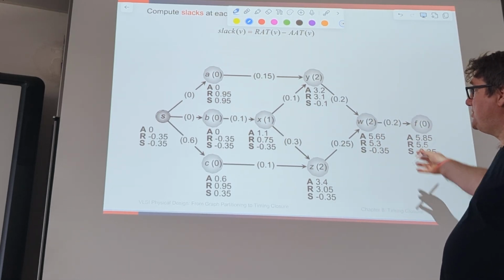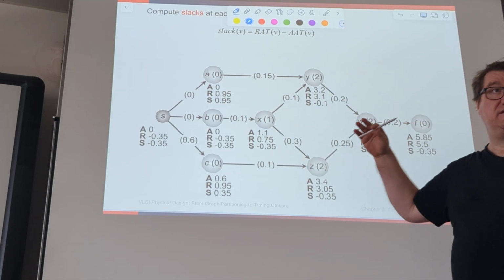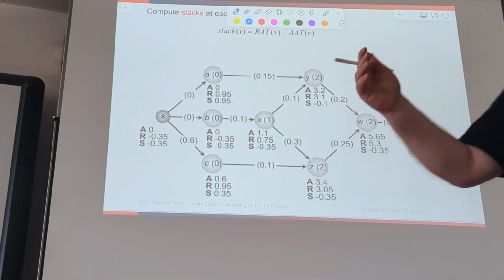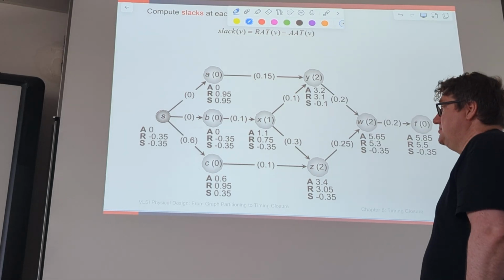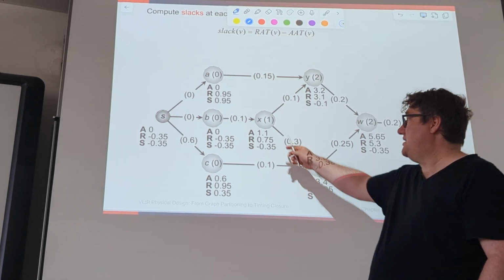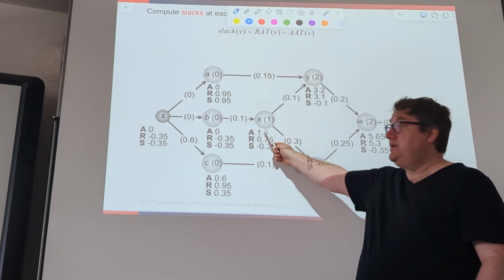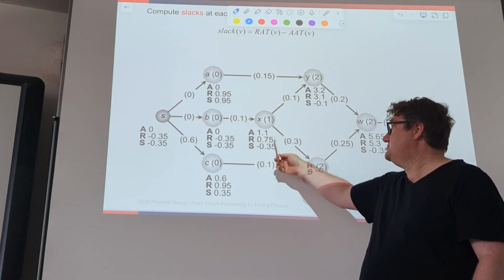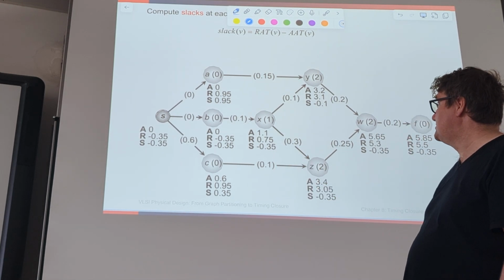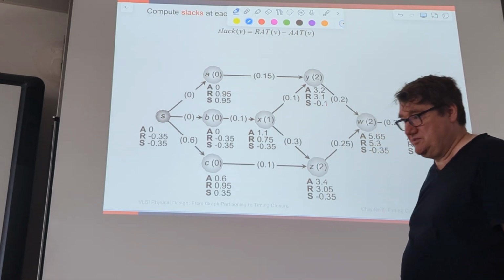So hereby you translate the slack at the end to like all the intermediate nodes, and you can see where it's already negative. So you have an arrival time of 1.1 here. It should be there at 0.75. So you are screwed up. You're screwed up in all those places.